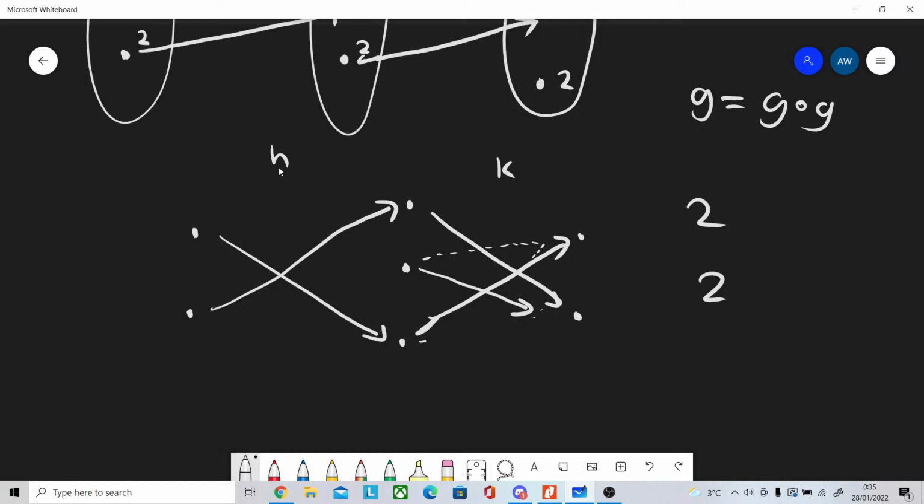Because the only other option to consider is if these two things map into the same point over here. Or I guess it can map into the middle as well. For example, we can have this map into the middle, and then this will go here.